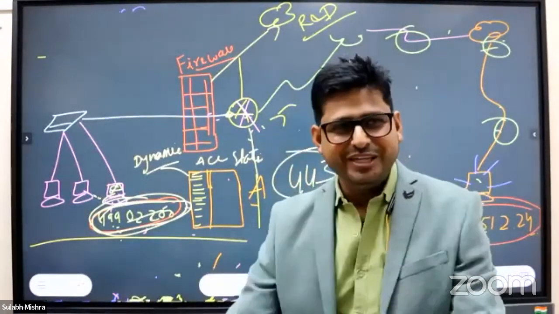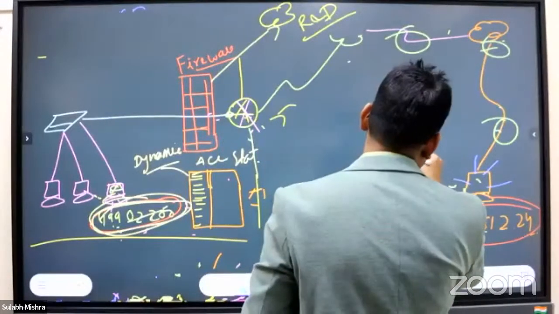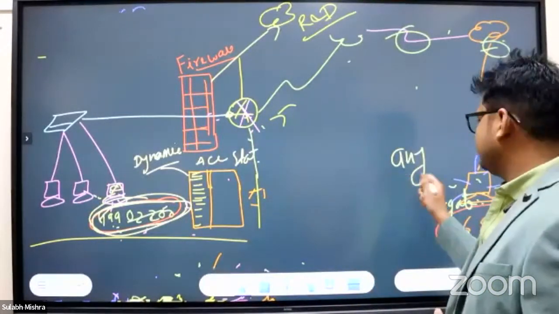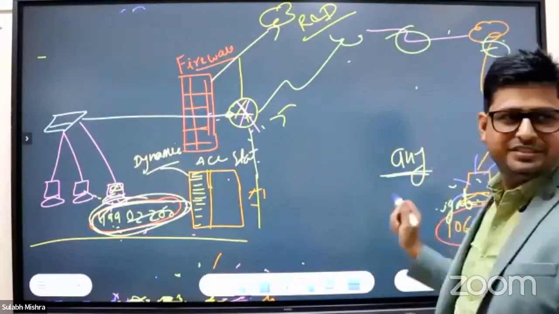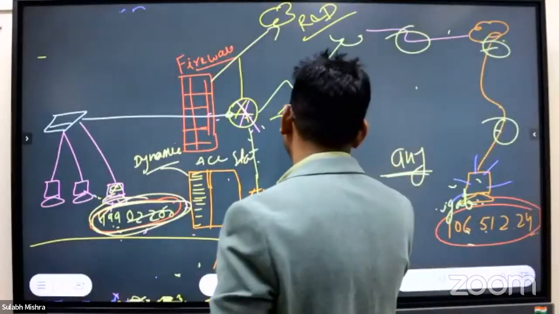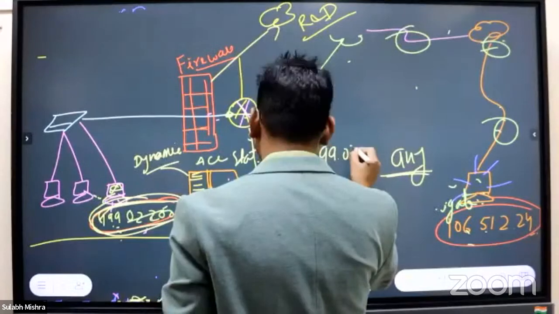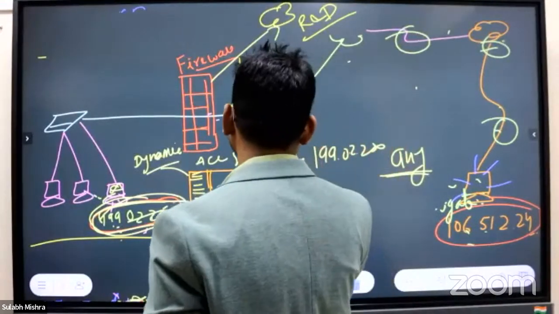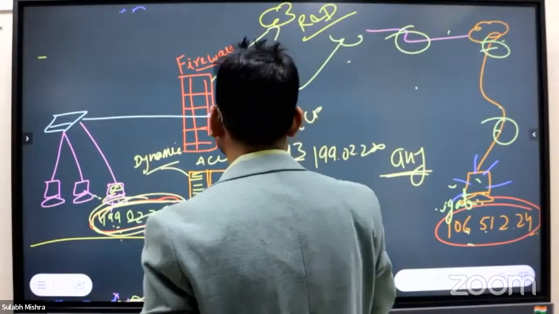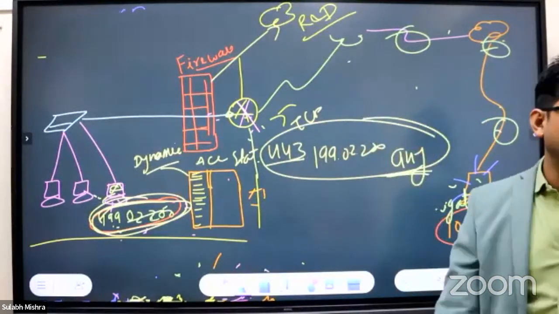So you can create a static policy such as: source IP can be any, destination IP should be 119.0.2.200, destination port should be 443, and protocol, for example, TCP. This is called a static rule or static policy.